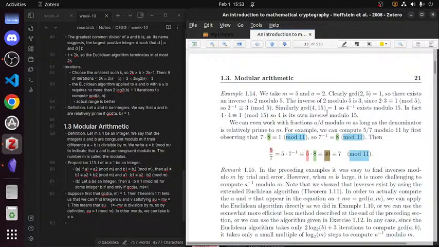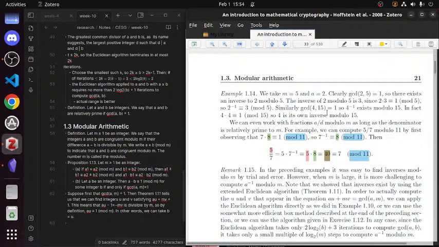Wait, so let me just write the whole thing down. So 5 over 7 equals 5 times 7 inverse. That makes perfect sense, which is congruent to 5 times 8, which is congruent to 40.